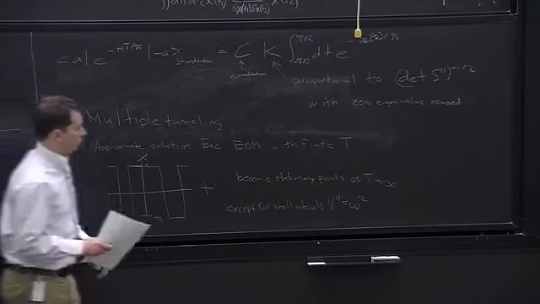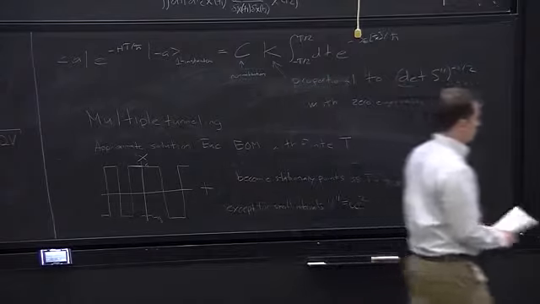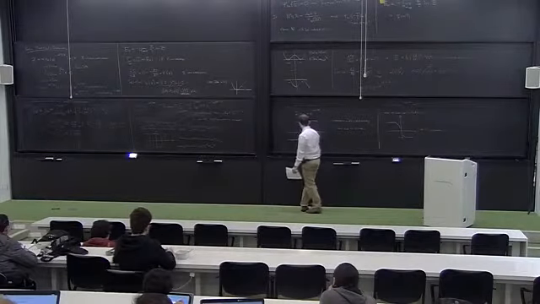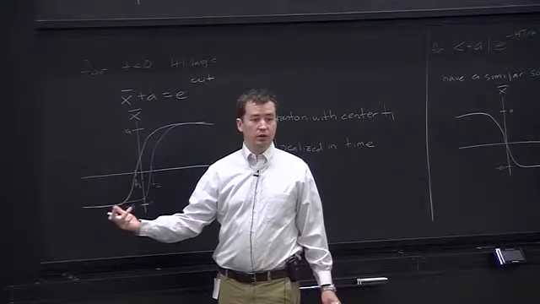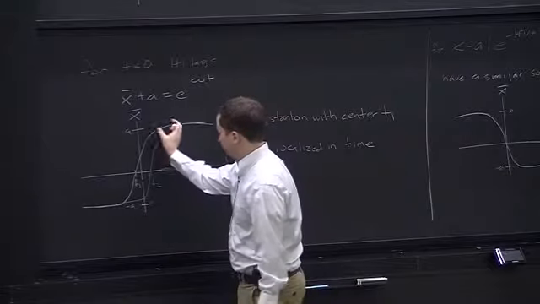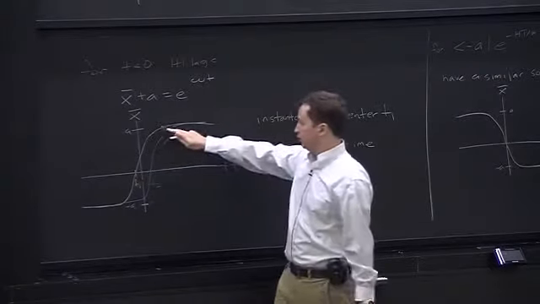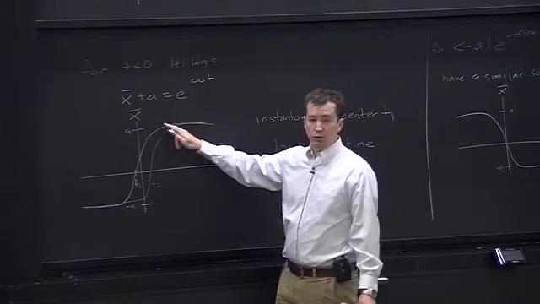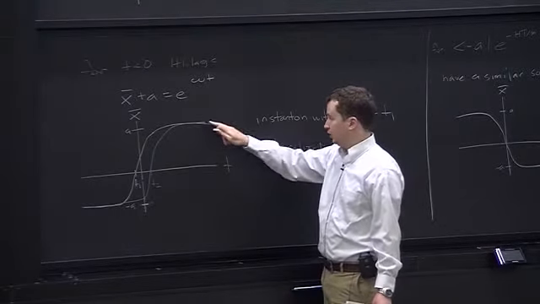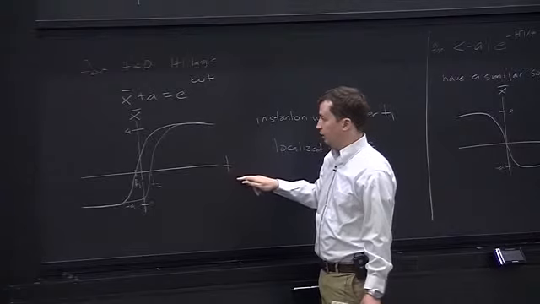If we try to put together an instanton and an anti-instanton with their distance less than 1 over omega, less than the width here, it doesn't work. So we have to get close to plus or minus A before we can stitch this solution together with an anti-instanton.